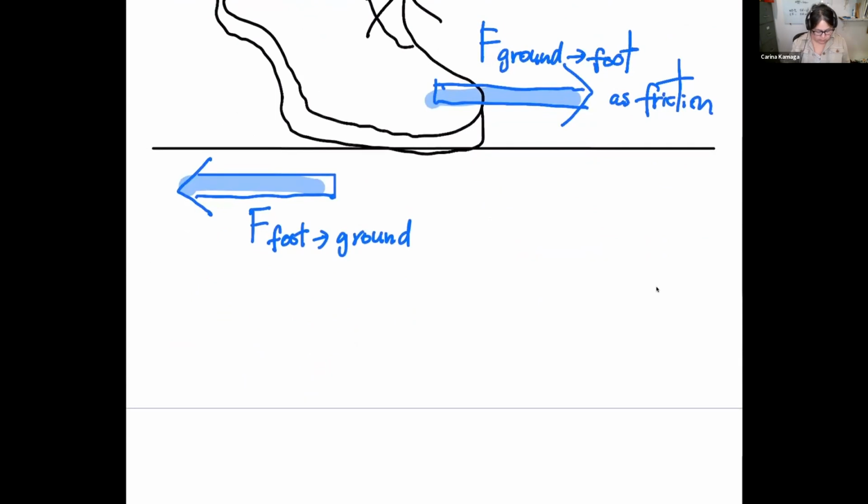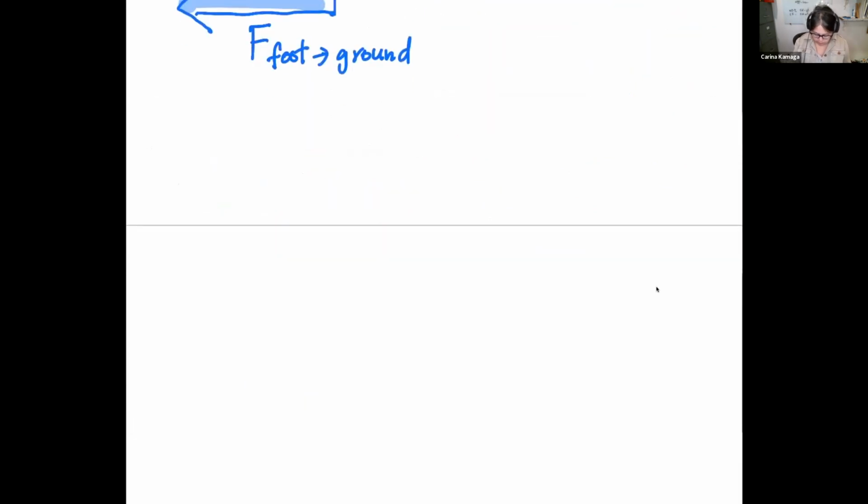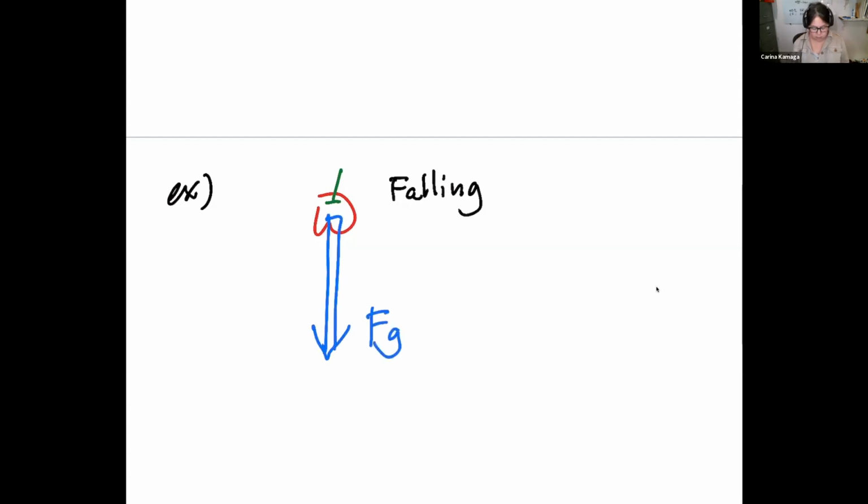Even, let's think about a case for the gravitational force. There's an apple falling. This apple is in free fall, and then the gravitational force.